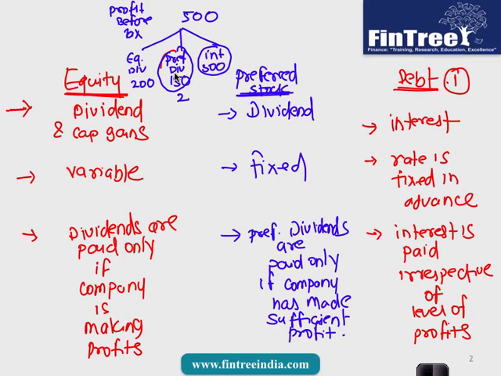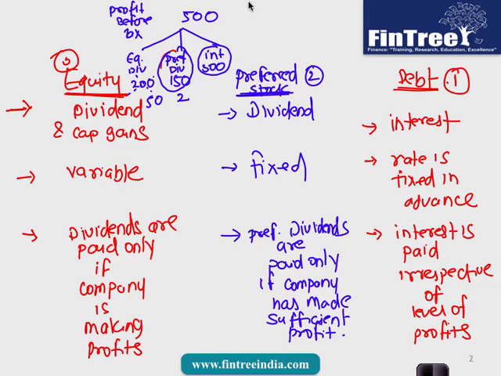Are we on agreement here? So 150 would be paid to preferred dividend, and then whatever is left, that would be paid to the equity shareholders. Is that fine? So second preference is of preferred dividend, and then the last one is of equity.